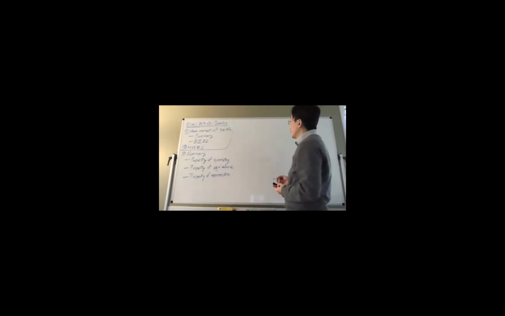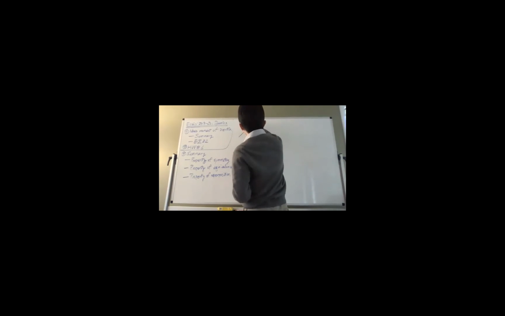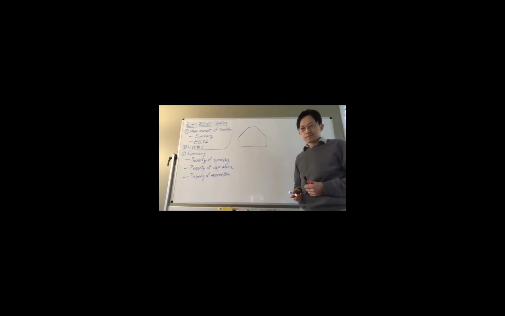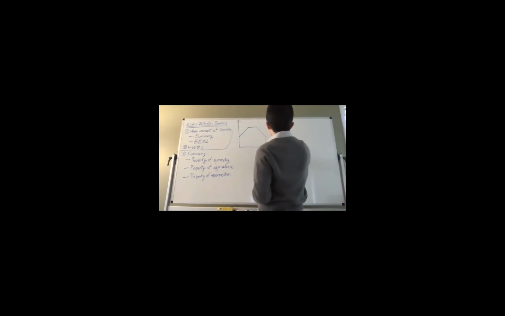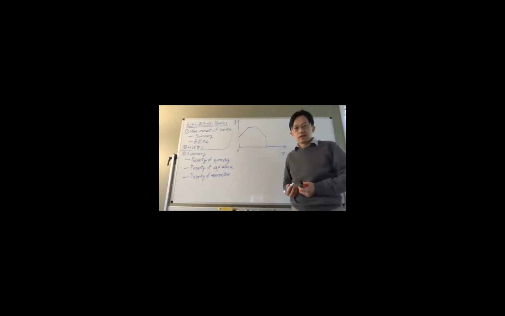Property of superposition means this. Suppose I have a not so complicated object, but let's make it something like this. An object like that. Now, if I want to know the mass moment of inertia of this object on these two axes, x and y, of course, is the coordinate here. The origin is right here. Suppose we just consider one. Just consider the mass moment of inertia with respect to the x-axis.